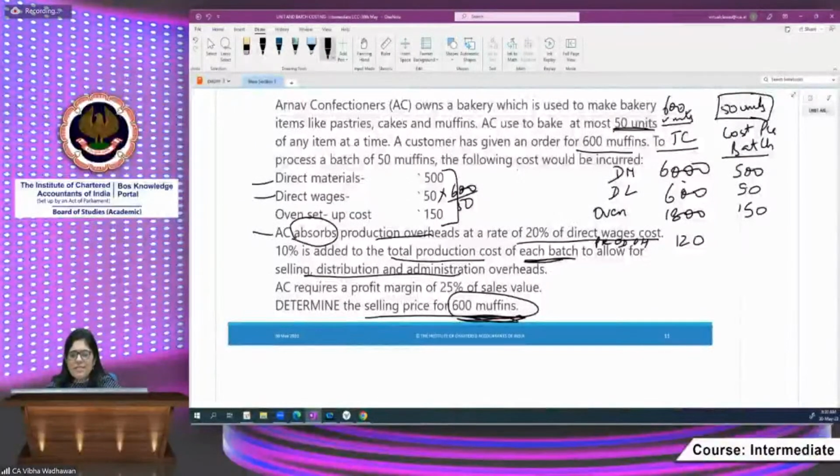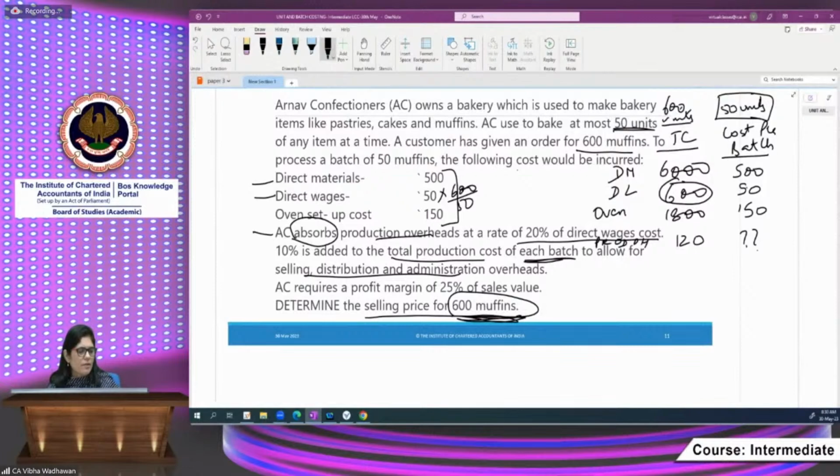Yes, oven is 1800, so it comes to 150. Production overhead is 120. Can you calculate production overhead cost per batch? How much is this per batch?